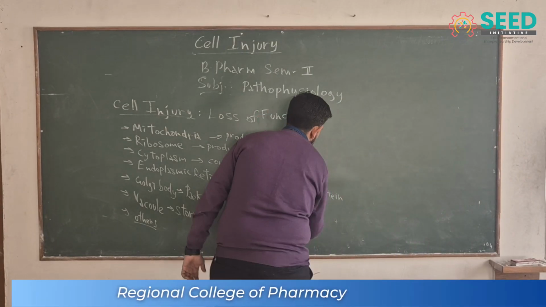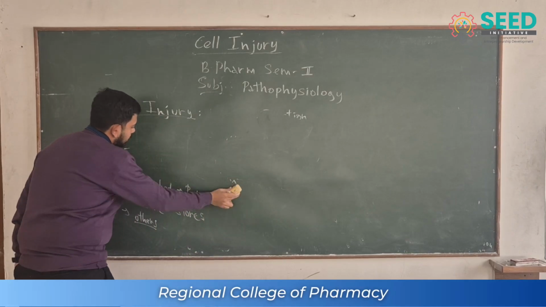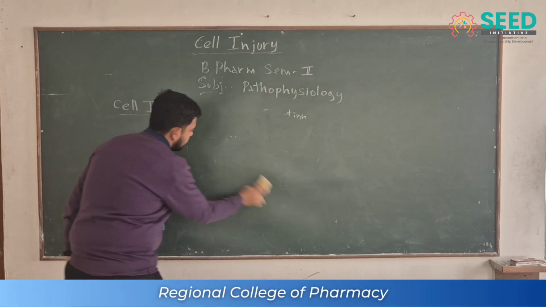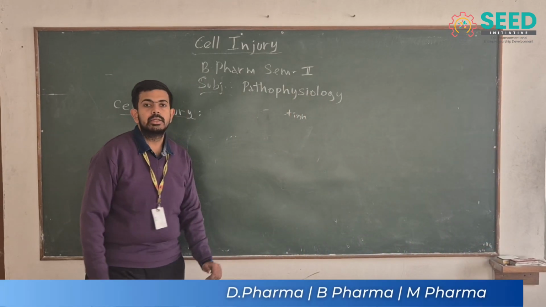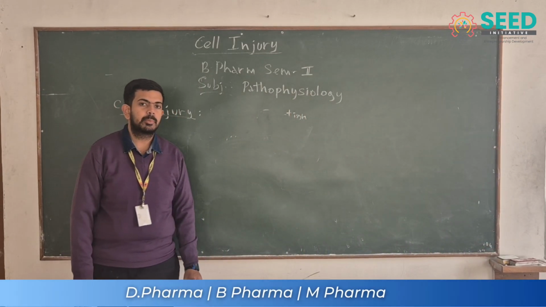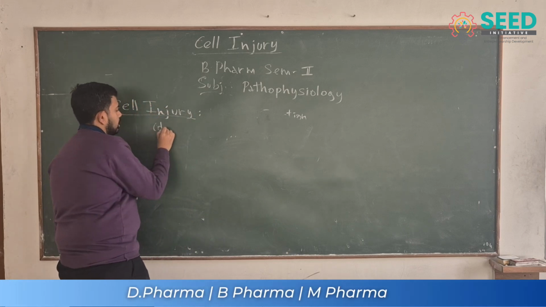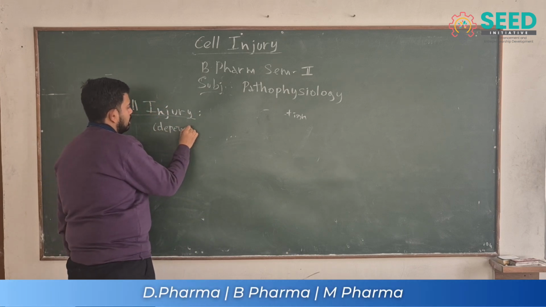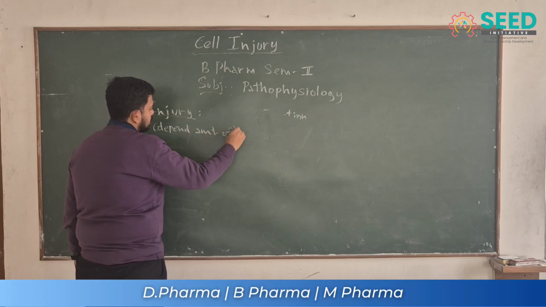Now, coming to the types of cell injury. There are basically two types of cell injury, which depends on the amount of stress.